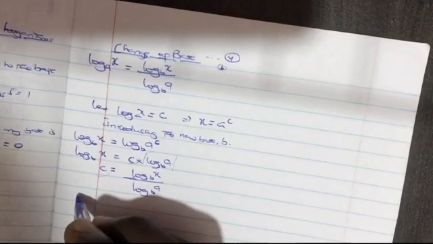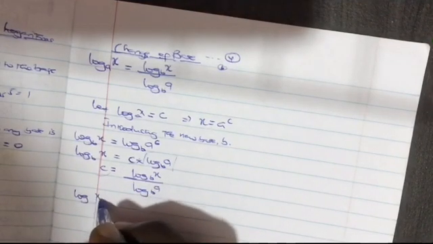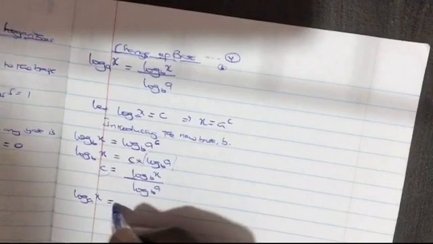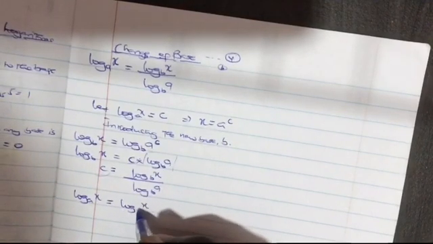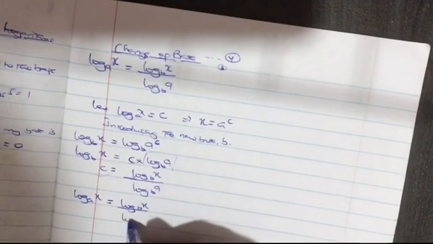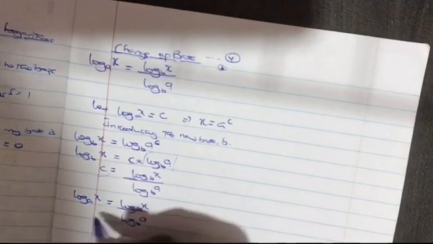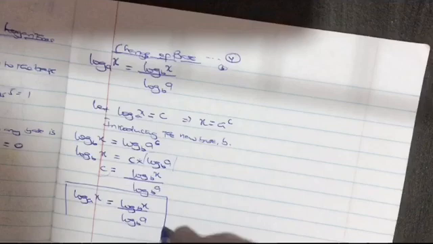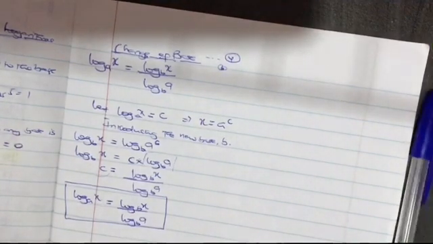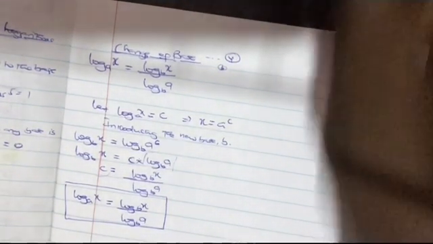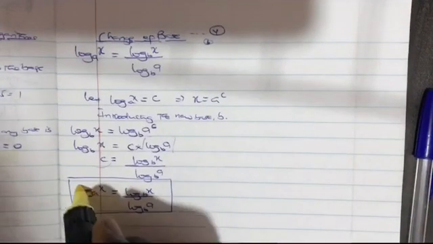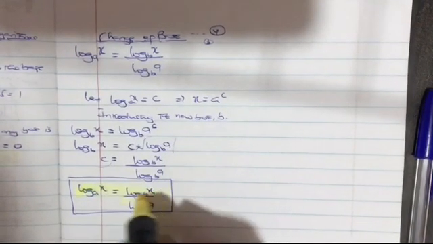So log of x to the base a will be equal to log of x to the base b all over log of a to the base b. So we've proved that. That's the concept of change of base. You solve more examples so that you understand.